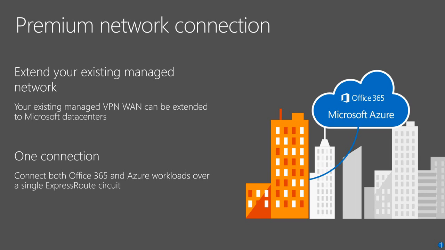This gives you the capability of considering Office 365 as another site on your network. Logically it is just another site on your network. Physically it might be in a much more distant location, but it gives you the opportunity to optimize your networking connectivity and treat the connection to Office 365 as a more trusted connection than maybe your public internet connection.